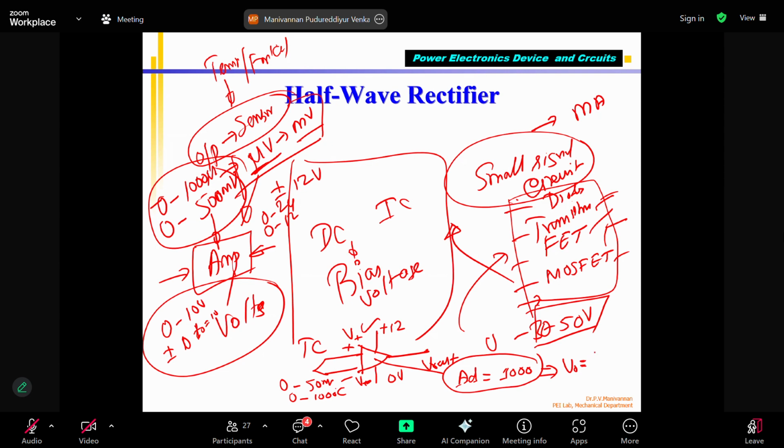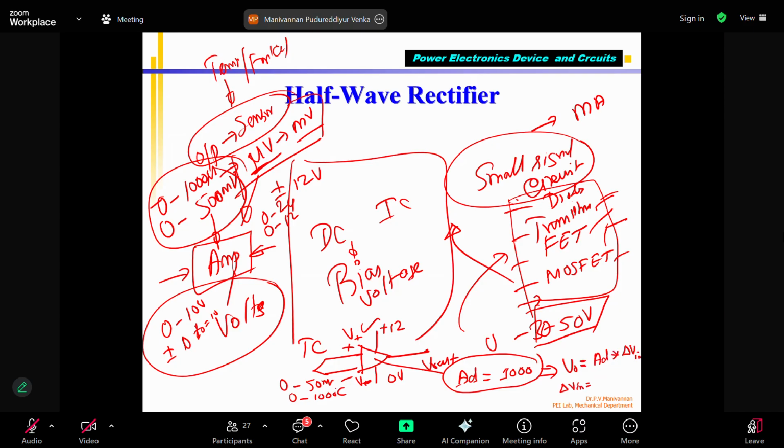What is the input? 0 to 50 millivolts is the input. So what is the actual formula? The op-amp formula. AD into the input, sir. Maximum AD into delta V in. What is delta V in? 50 millivolts, sir.